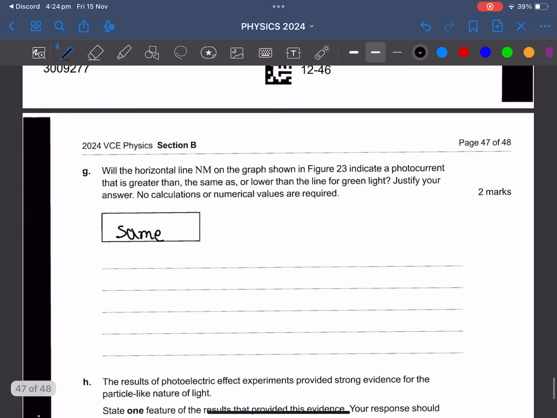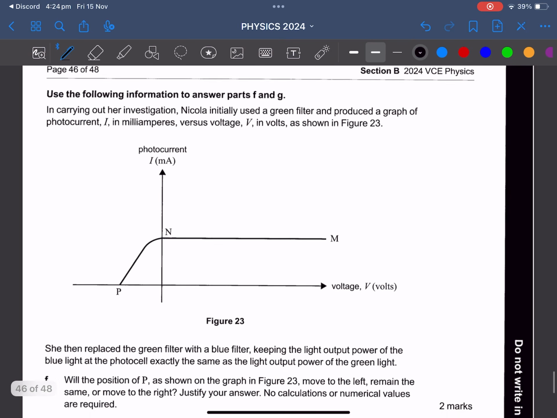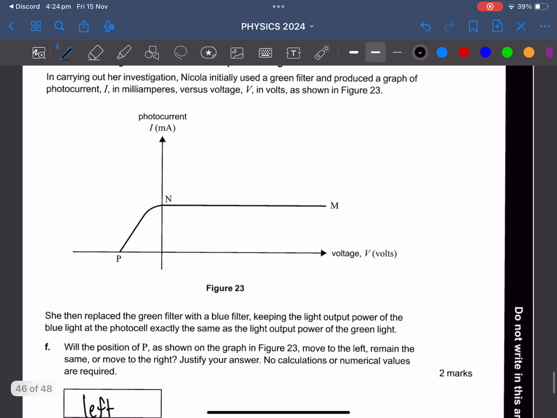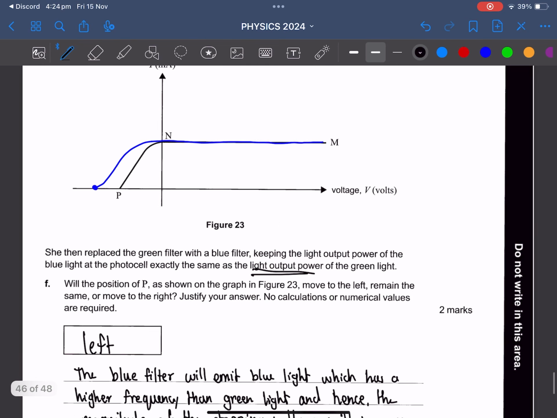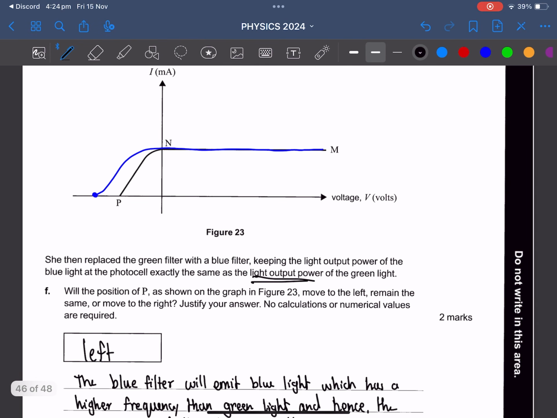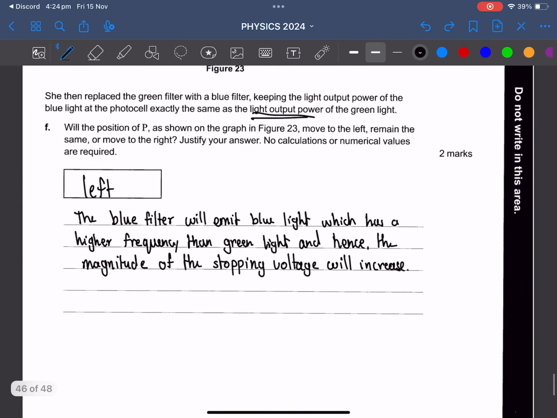Same, because if I were to plot it, when it's blue, it will look like this basically, since I'm assuming that what they say here is basically intensity. If it's power, it's going to be different, obviously, but if it's intensity, it's going to look like this, because intensity stays the same. It's just that the frequency is changing, so the stopping voltage will change.